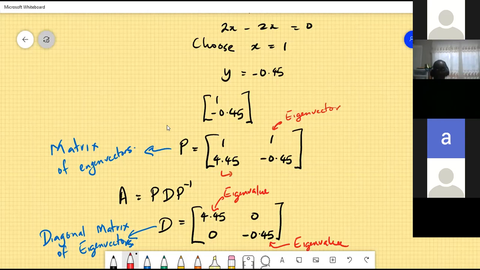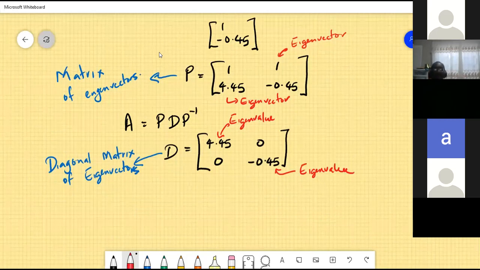And this is an eigenvector. So our matrix P is made up of the eigenvectors of A, and our matrix D is a diagonal matrix, which has only the eigenvalues of A.